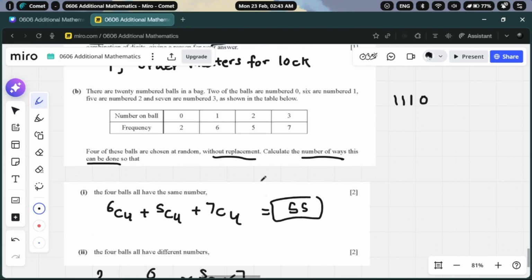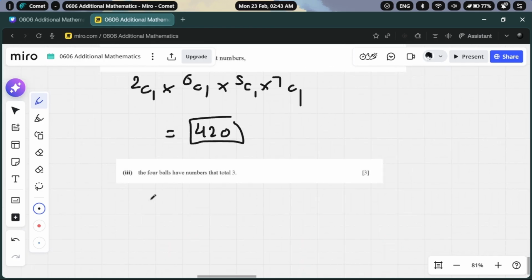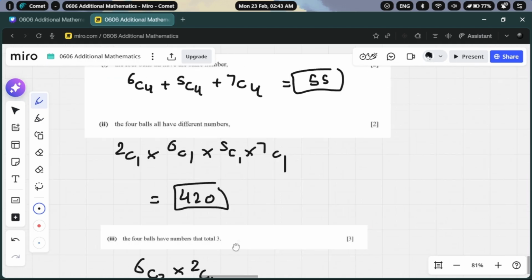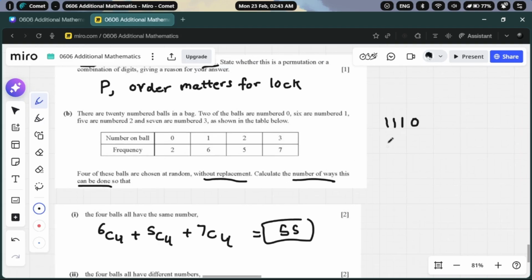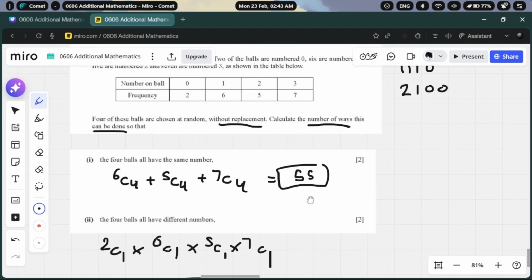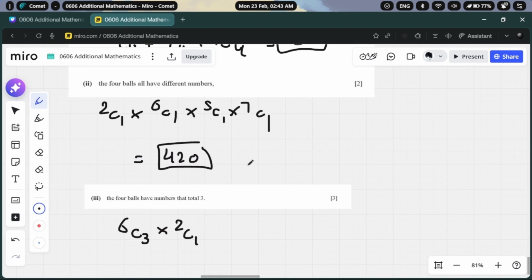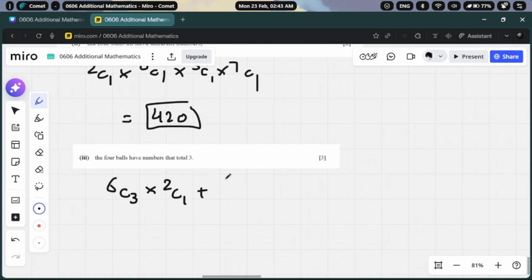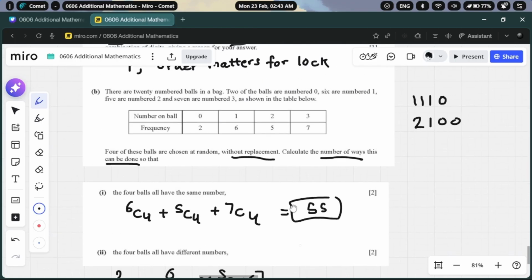So you could do 6C3 for that times 2C1. Then you have the case where you could do 2, 1, 0, 0. So you'd select 1 from 5, 1 from 6, and then 2 from 2. So that would be plus 5C1 times 6C1 times 2C2.